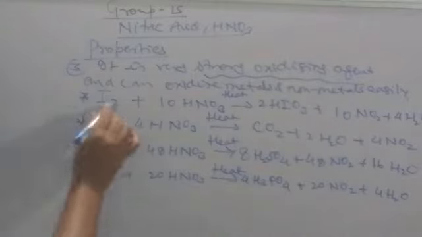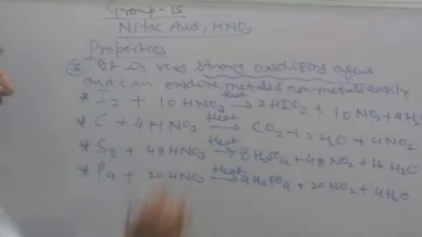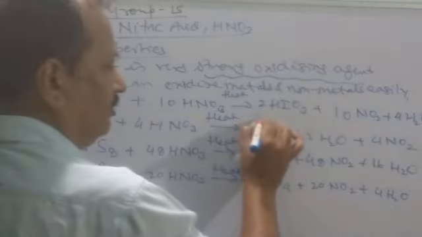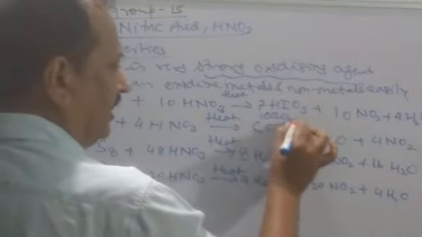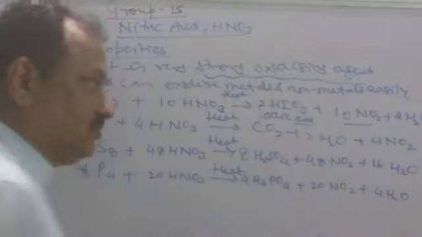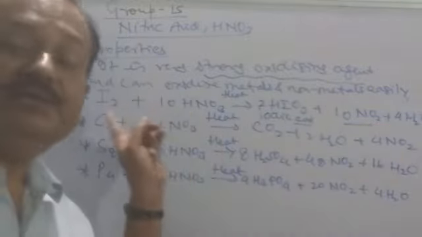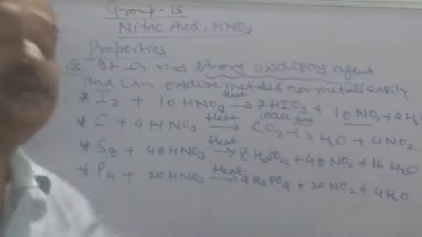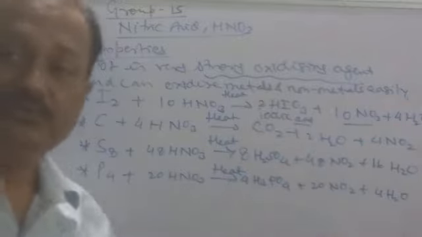So when you take solid iodine on treatment with nitric acid, there is formation of HIO3, iodic acid, and again NO2 is formed. So this nitric acid oxidizes others and then it is reduced to form the water.